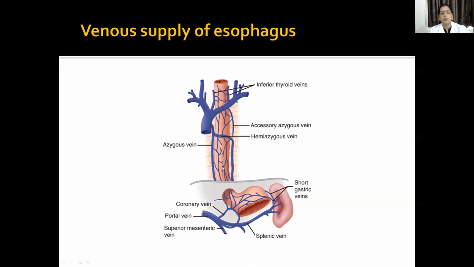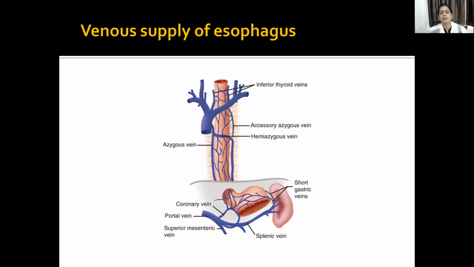So because of that, there is formation of collaterals. When there is formation of collaterals, that will lead to formation of varices. So just the basic, whenever there is a fibrosis, there is a backflow of the blood into the draining vein, and that vein will give rise to collaterals. Collateral is formation of new blood vessels.